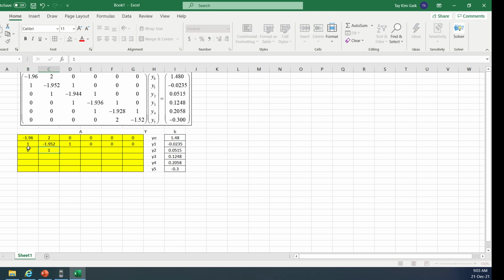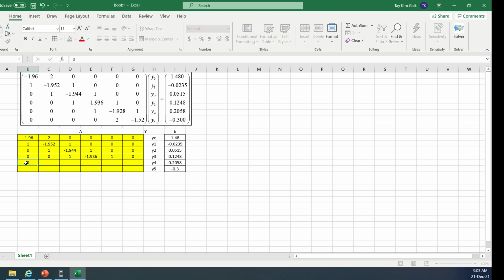The third row: 0, 1, negative 1.944, 0, 0. The fourth row: 0, 0, 1, negative 1.936, 0.